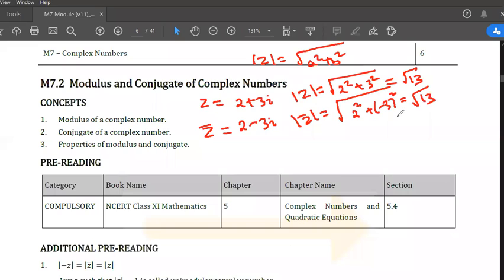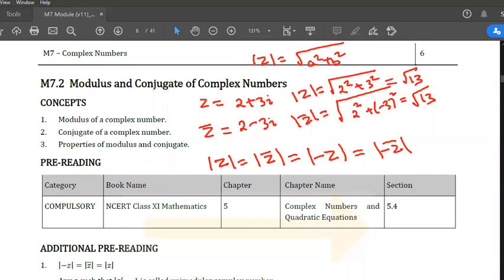Tell me yes or no. So can I say that mod of z is equal to mod of z bar, and this is equal to mod of minus z or mod of minus z bar? Yes or no? Just think about this. Because what is mod? Mod is actually your value.